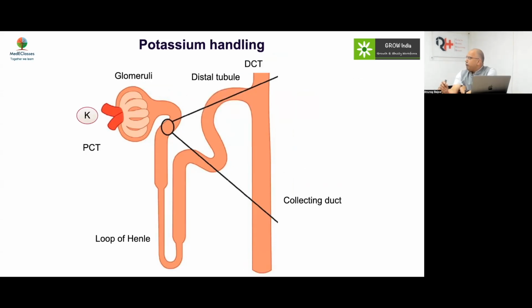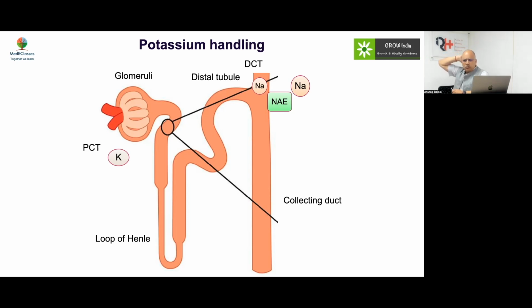Potassium, as I said, is very closely linked to this whole process, and potassium abnormalities may be the first sign of identifying these disorders. So potassium is mostly absorbed at the level of the proximal tubule, and whatever potassium appears in the urine is because of the issues in the collecting duct. So you have this epithelial sodium channel, which takes sodium outside the lumen.